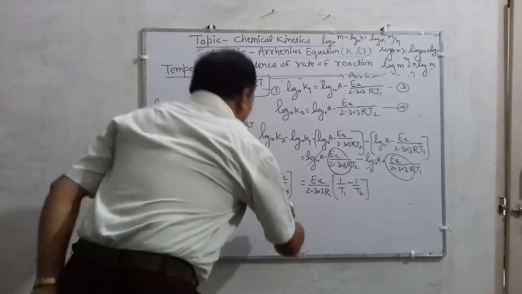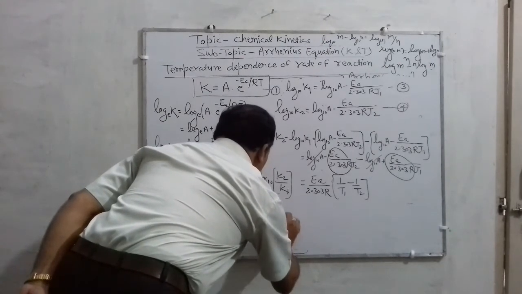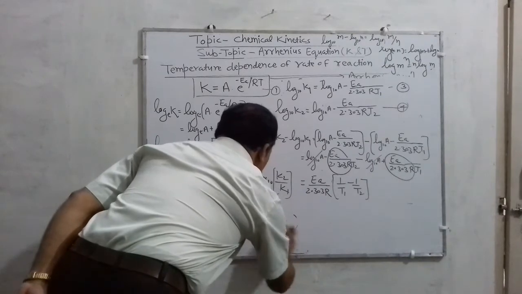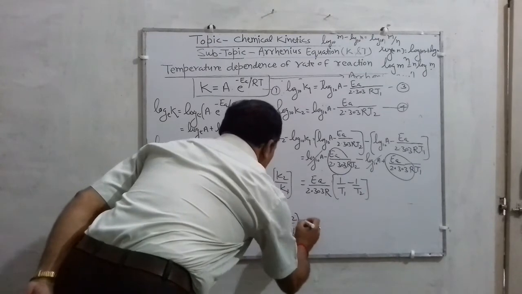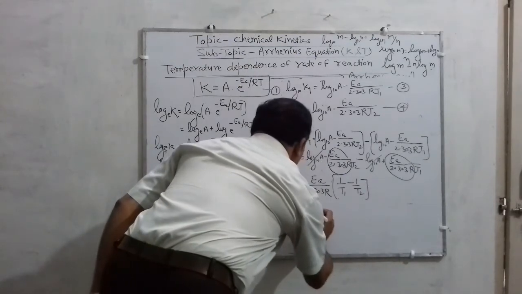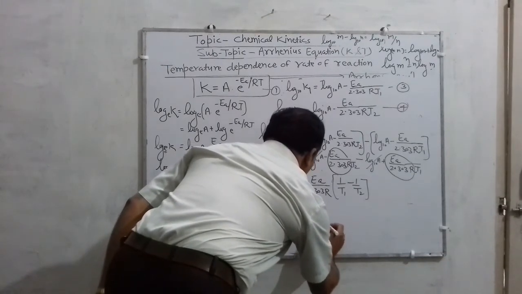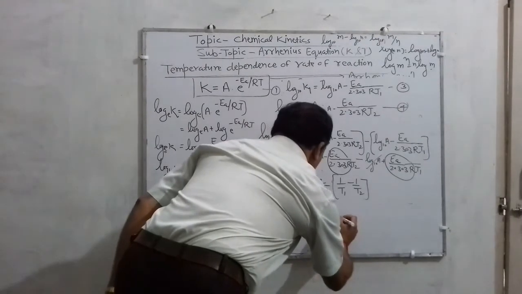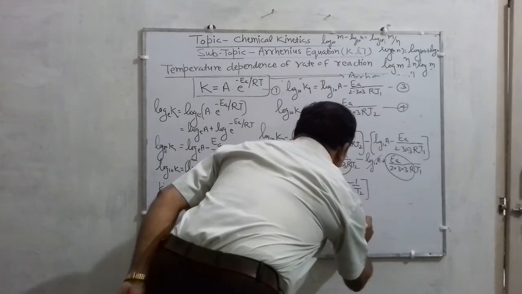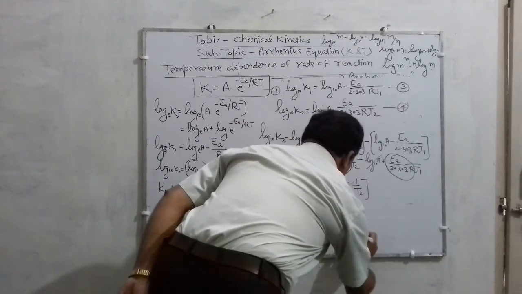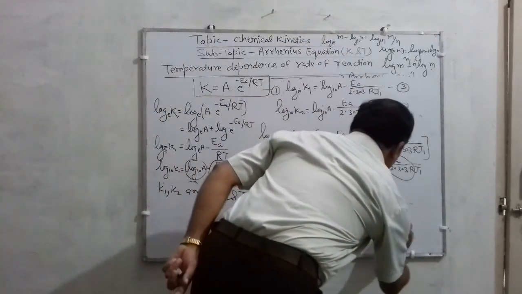And this can be written simply as log 10 K2 upon K1 is equal to E_a divided by 2.303 R into, this may be written as what, children? That will become T2 minus T1 divided by T1 T2. So this is expression number 5.